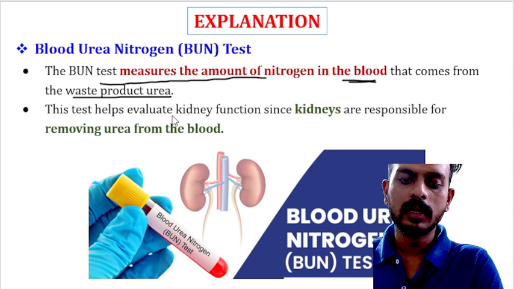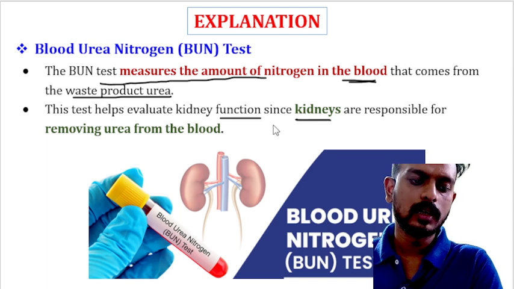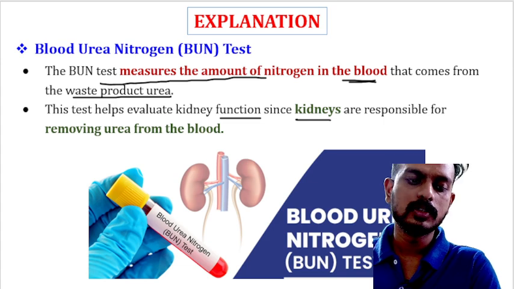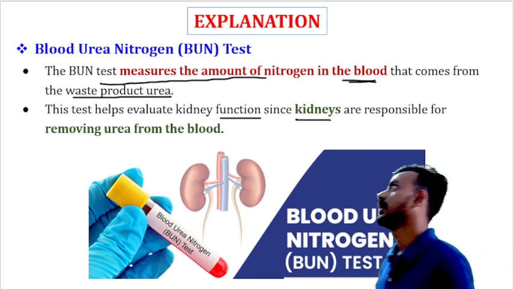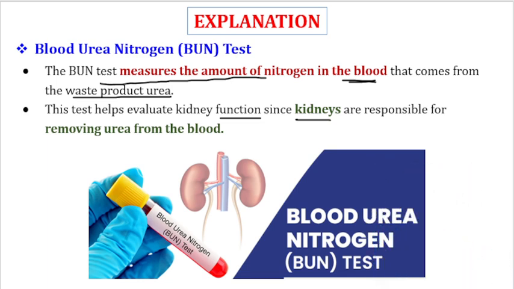It helps evaluate kidney function, since the kidney is responsible for removing urea from the blood. So the blood urea nitrogen test is one of the important tests for assessing kidney function by measuring the urea level in your blood.